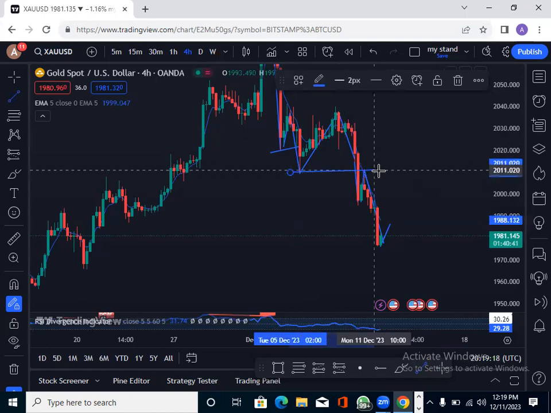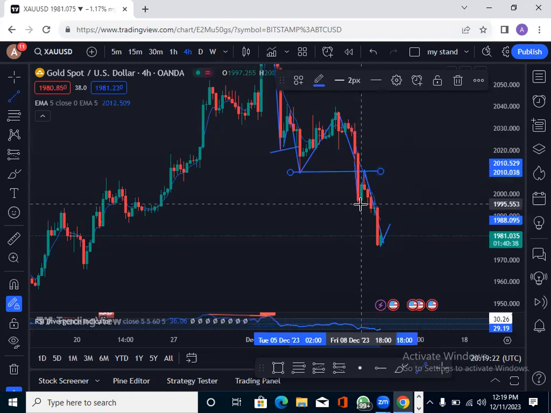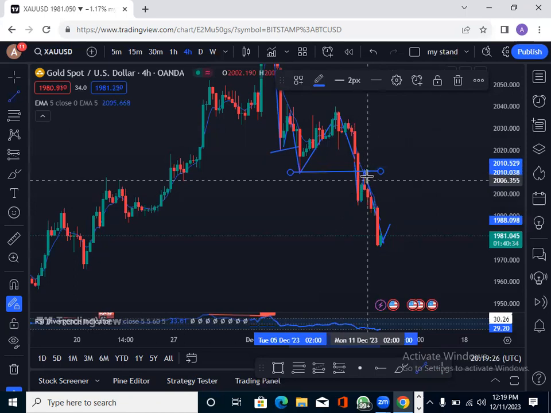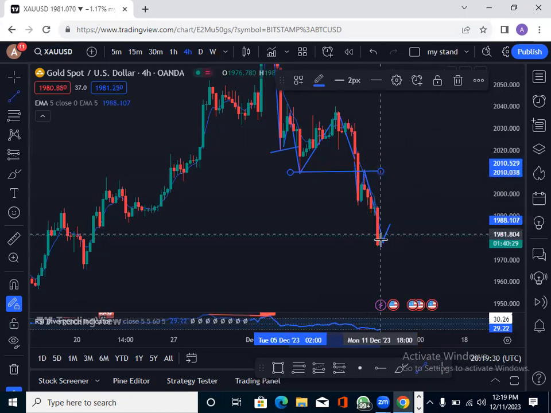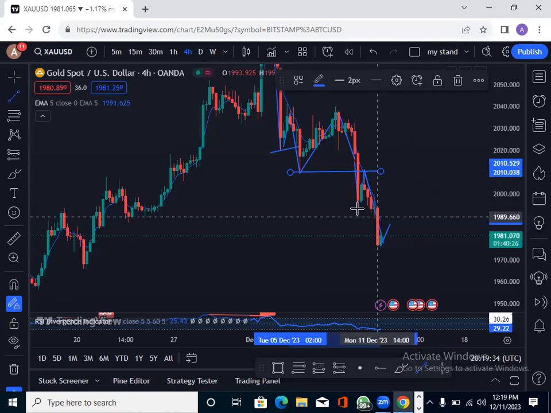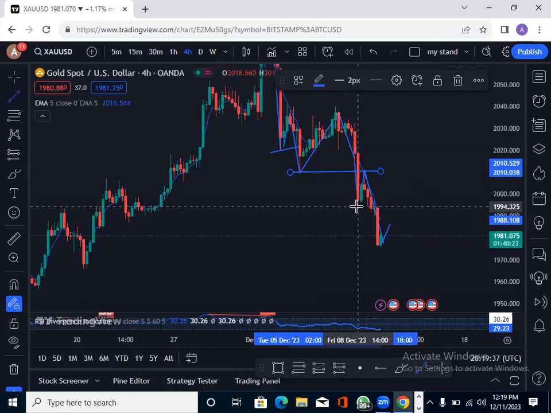Market broke the previous low and came here. So the market retraced back towards the previous low and came back down. And where was the previous low before? This was our previous low here.